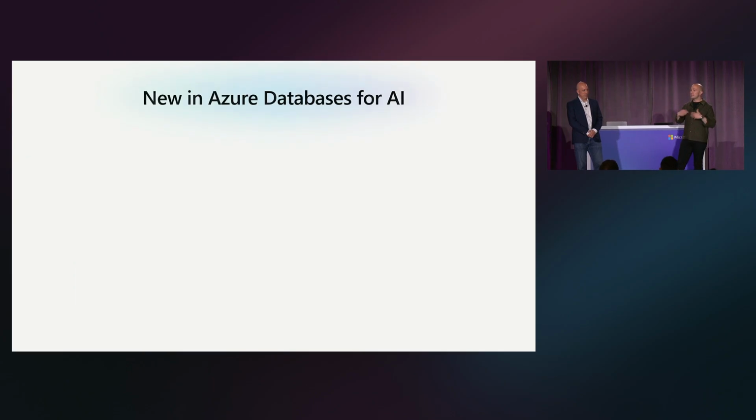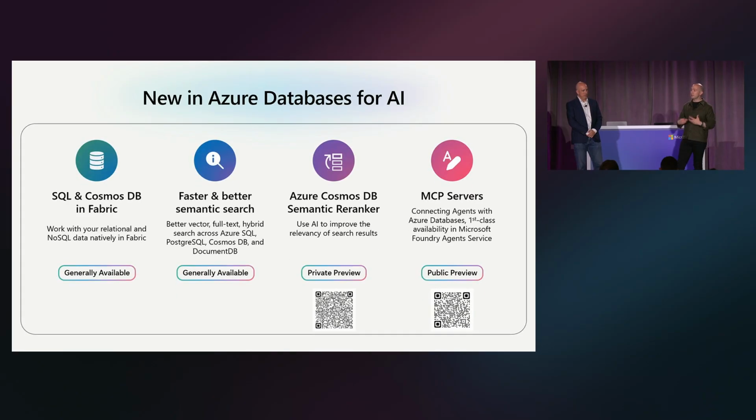And of course, to continue on this journey of data for AI, we have multiple new announcements in Azure databases for AI. And in particular, Azure SQL and Azure Cosmos DB are now generally available natively in Fabric for your analytical workloads.